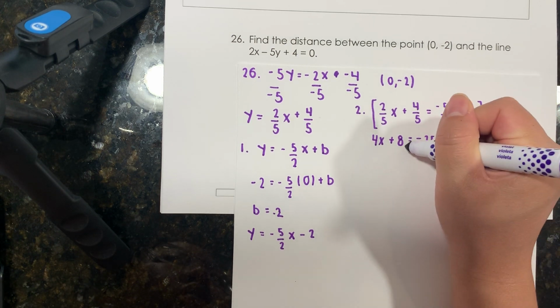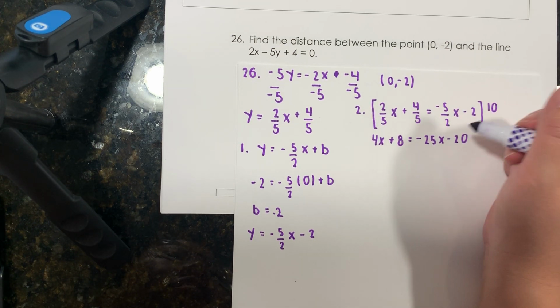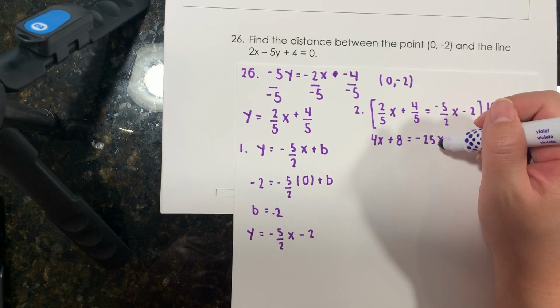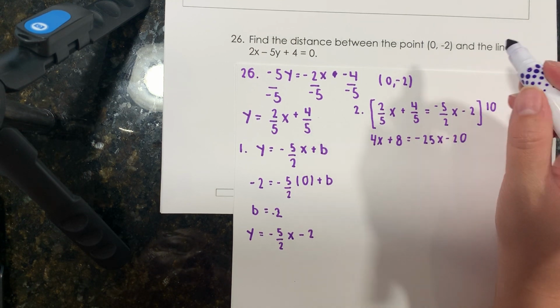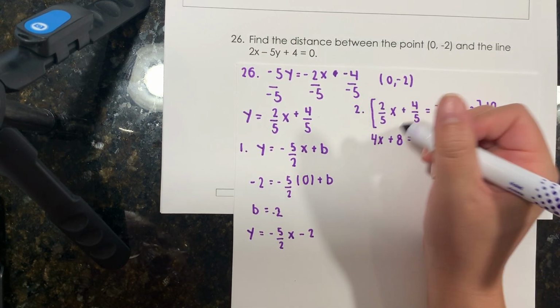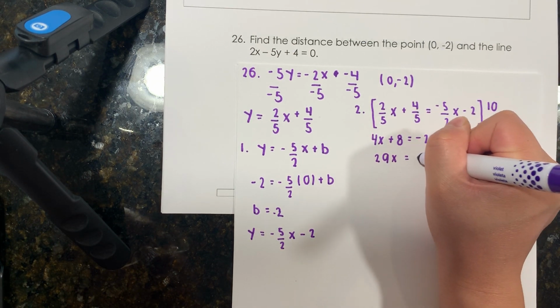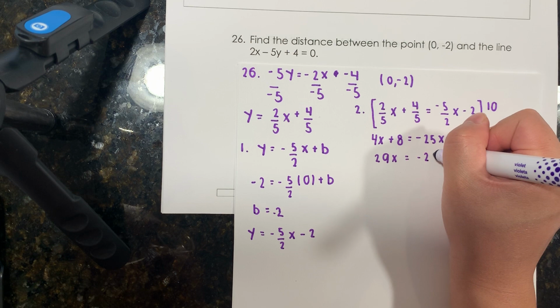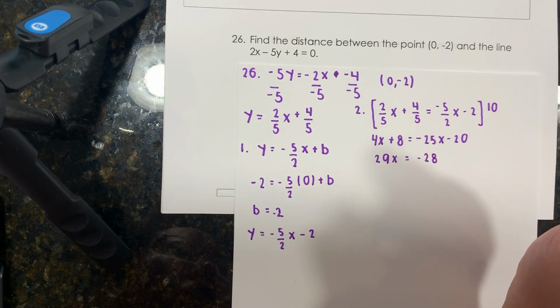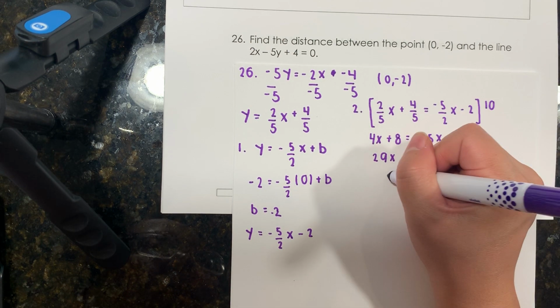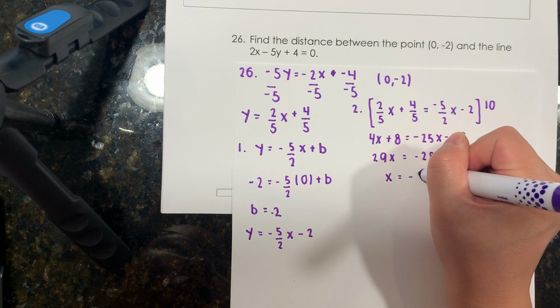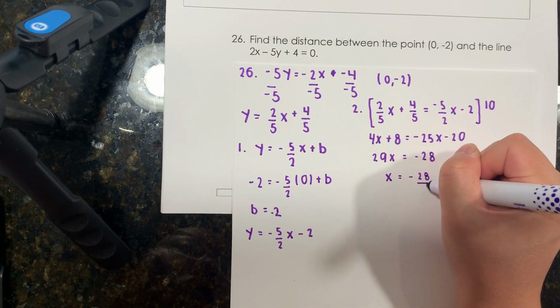So if I move the terms, this is going to be very ugly. This is going to become 29x is equal to negative 28. So x is going to be equal to negative 28 over 29.